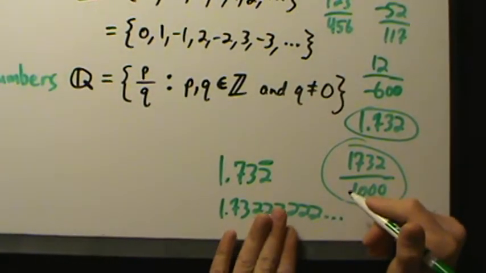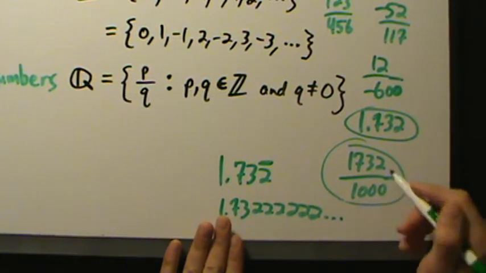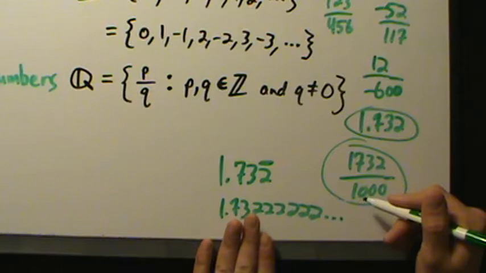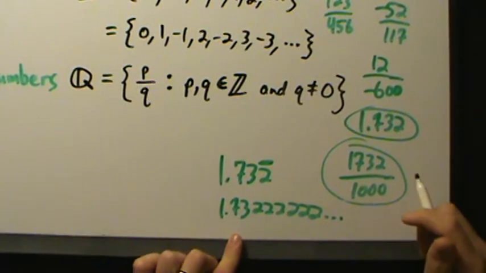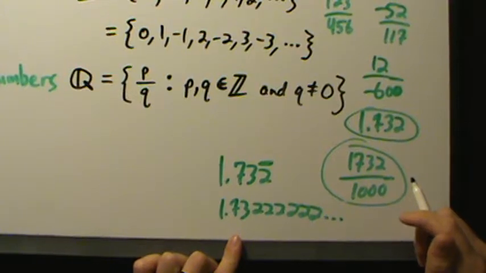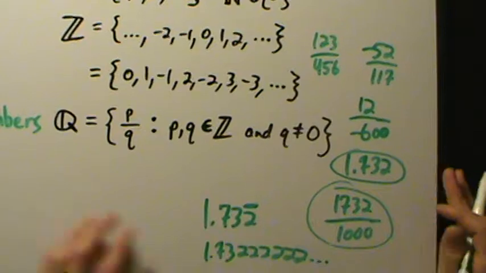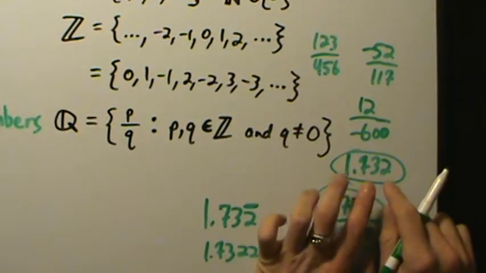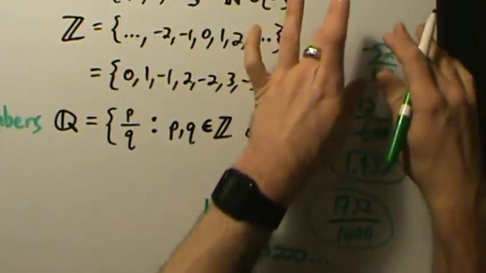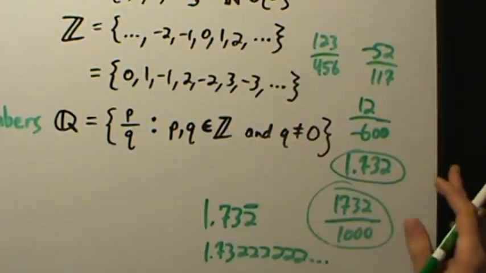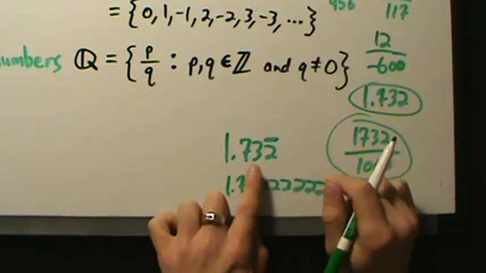Even things like that are also rational numbers, because it is possible to express them as a ratio of two integers. It's kind of weird and tricky and beyond the scope of what we want to talk about, but it is possible. So these are all examples of rational numbers. Decimals that terminate after a finite number of decimal places, any ratio of two integers where the bottom is not 0, or any infinitely repeating decimal where you keep repeating the same thing over and over.